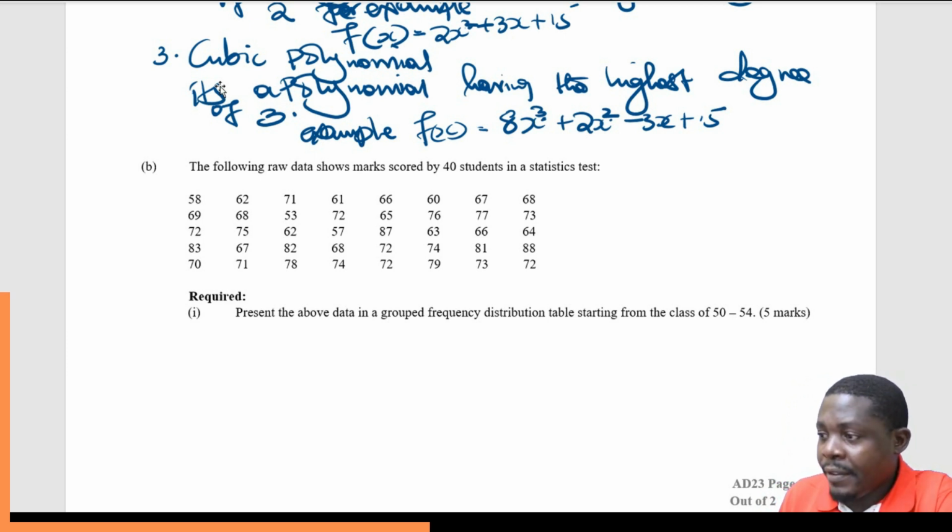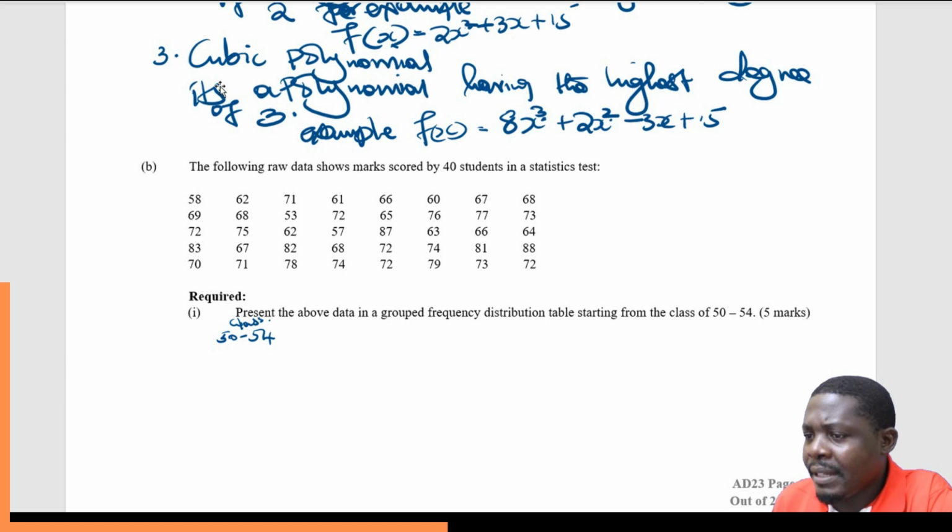Now the first one, you are told that starting from 50 to 54, that is my class. The other thing you have to establish is the highest. The highest from this particular table is 88.